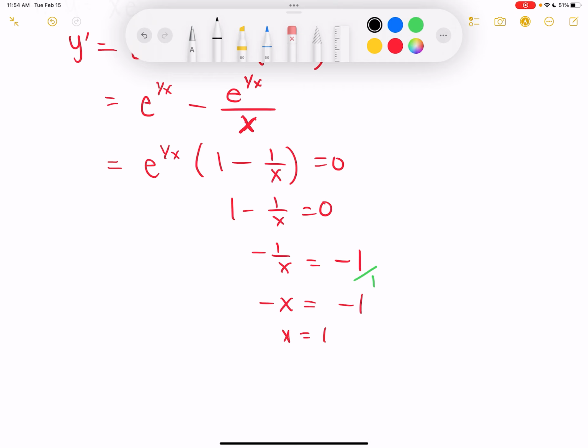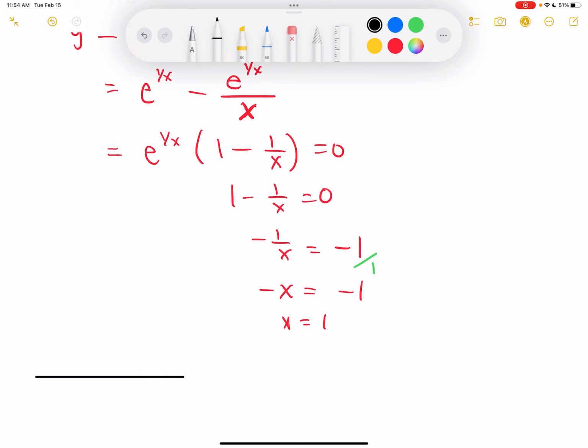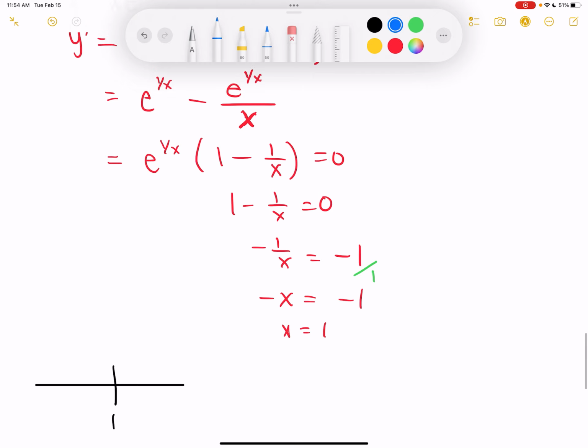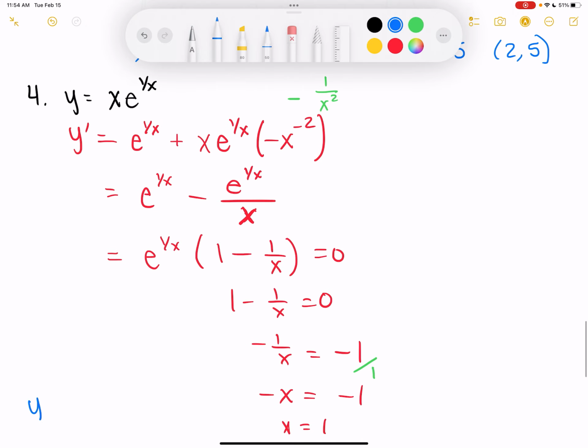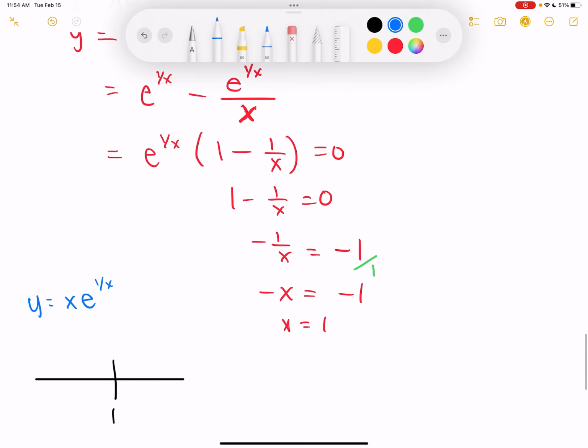So then sign chart for this. So at 1, now I'm going to write this down here again just so that we have it. And again, I'm looking at the sign of f prime.